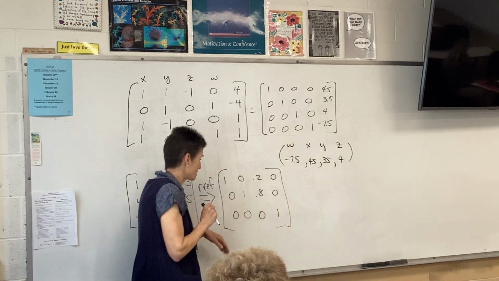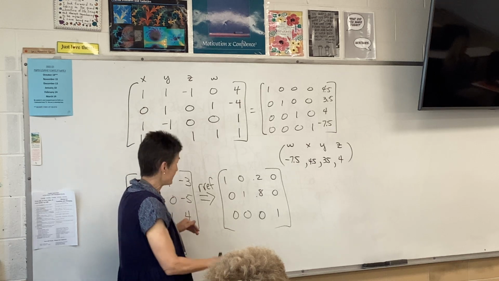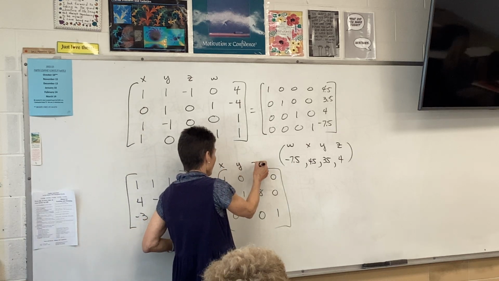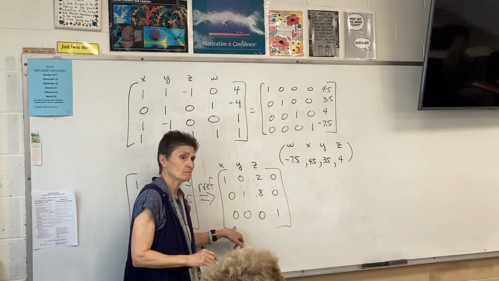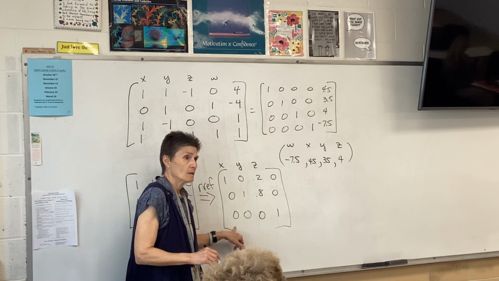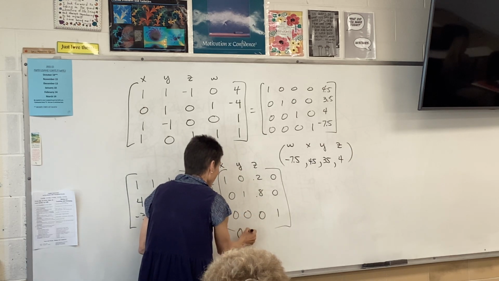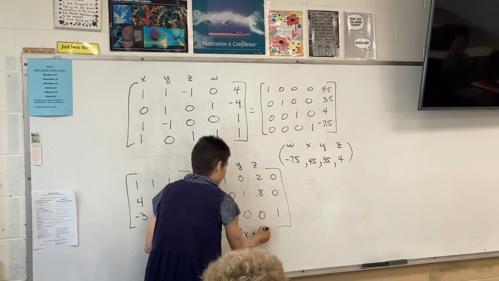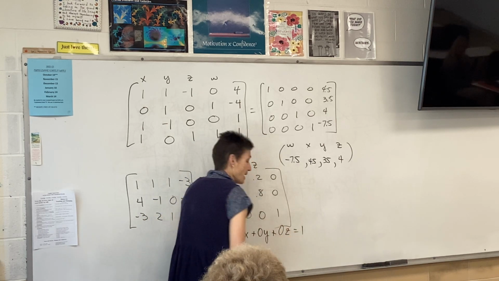I'd like you to look at this bottom row for a minute. Remember, I think these were X, Y's, and Z's. What does that bottom row say? Literally, what does it say? Geo? What it says is no X's plus no Y's plus no Z's add up to 1.